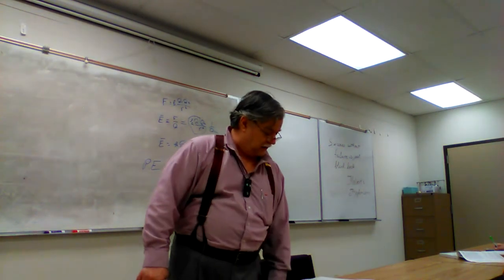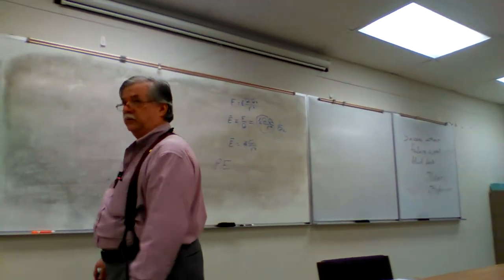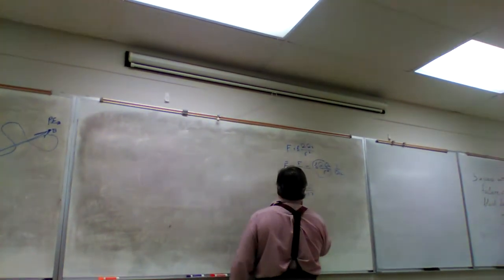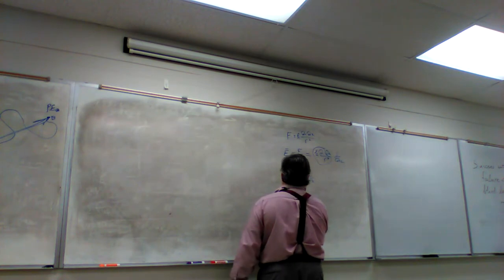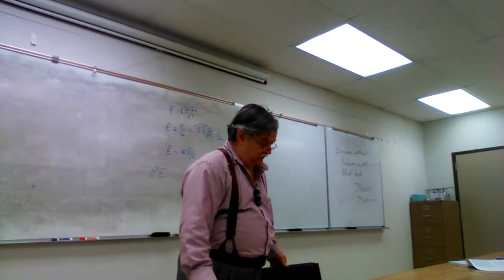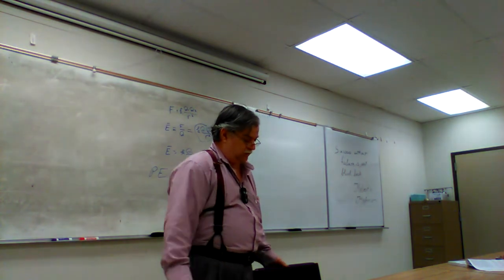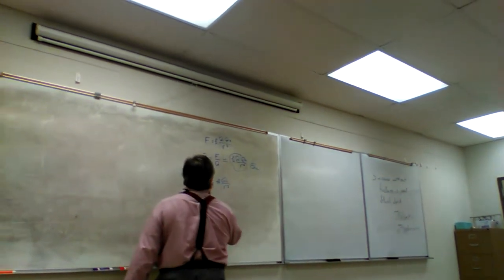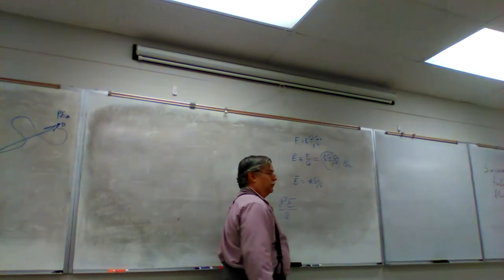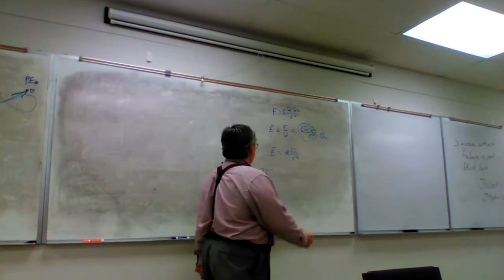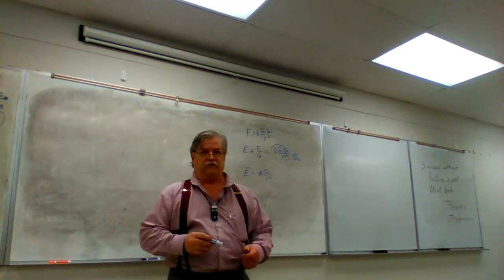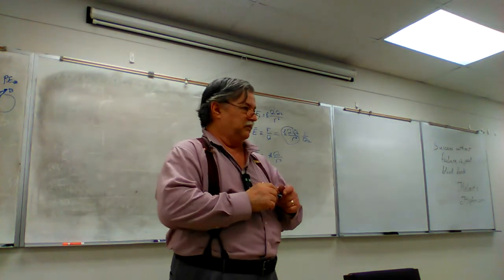We're going to call it the potential per unit charge. So if we take potential energy and divide it by Q, that becomes what we will call volts.